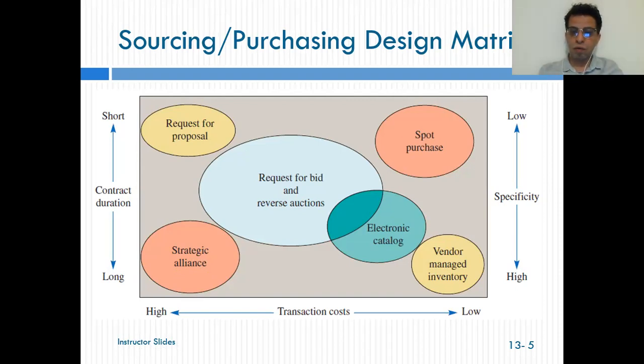So if you look at all of them, the situation, what's the best practice in the market, this is according to how specific the product is, what the transaction cost is, whether it's high or low, and the contract duration. And accordingly, you select where you fit in this matrix. Another option is to see how this is done with the competitive companies that you're working with in the same market.